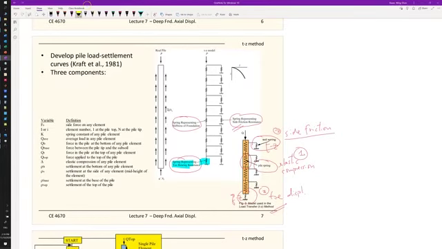and this series of springs here at the middle are the elastic compressions. They depend on the Young's modulus of the piles. If you have steel, then you use the Young's modulus of steel.